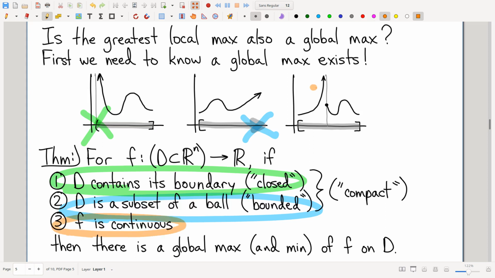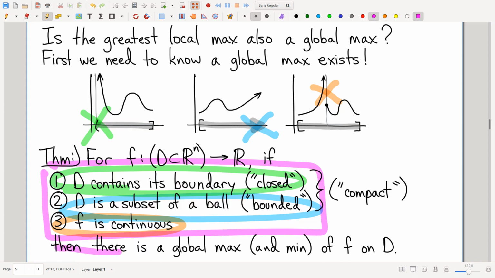In other words, none of this nonsense. It turns out that these three conditions, in other words, eliminating these possibilities, are enough to conclude that yes, indeed, there is a global maximum value. So this trio implies that there is a global max, and if you know there's a global max, then you can find it by process of elimination.